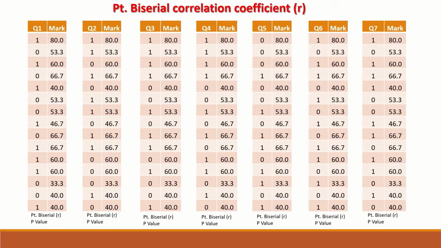To calculate the R, which is the coefficient, take every question with its scores 0 and 1 and correlate that with the total mark for the whole students. We do this for every question or every item to generate a specific R value for each question and a P value for that question. This is how it is done in a statistical package or software.